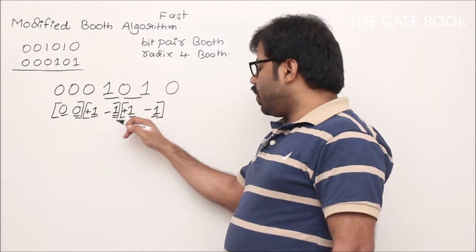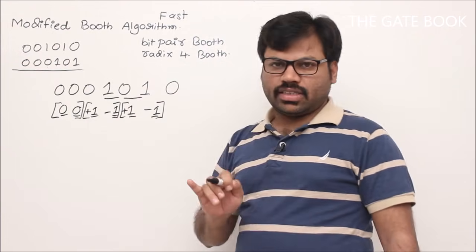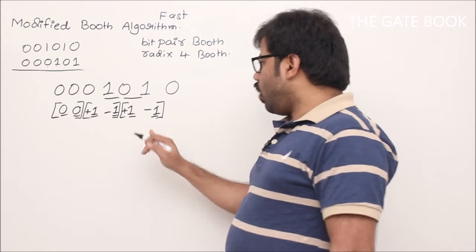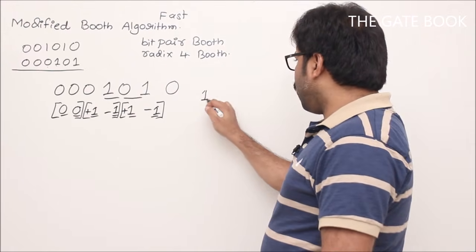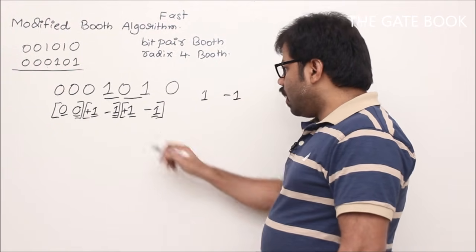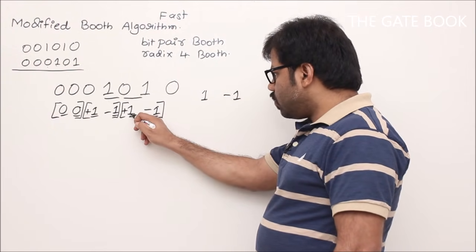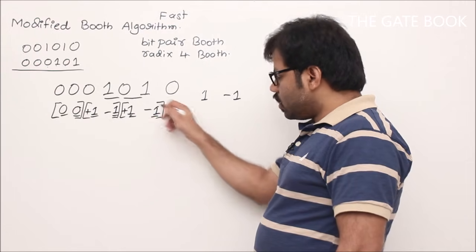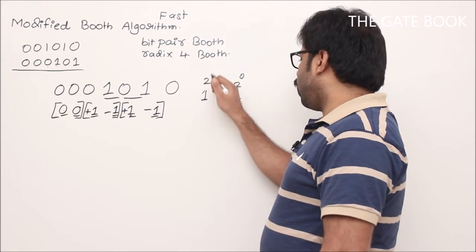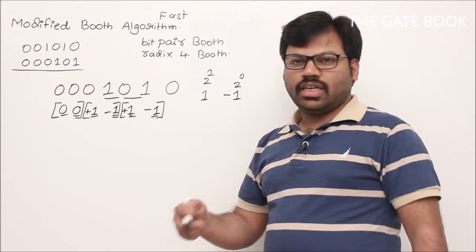That means take every 2 digits and convert into 1 digit. That's why it is also known as the bit pair Booth algorithm. So how to convert, I will tell you. 1 comma minus 1: because of our model, we are giving 2 times the weightage to this digit than that one. So it is 2 to the power of 0, and this is 2 to the power of 1 with respect to weightages, isn't it?